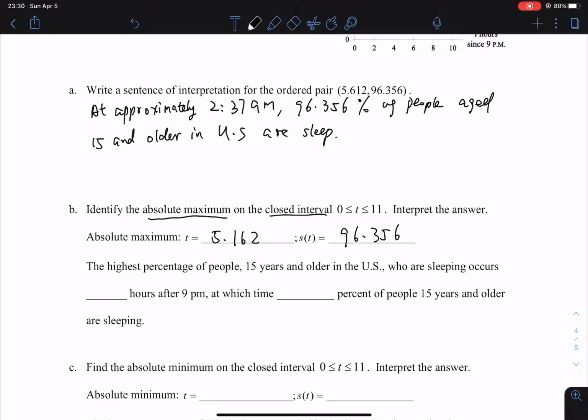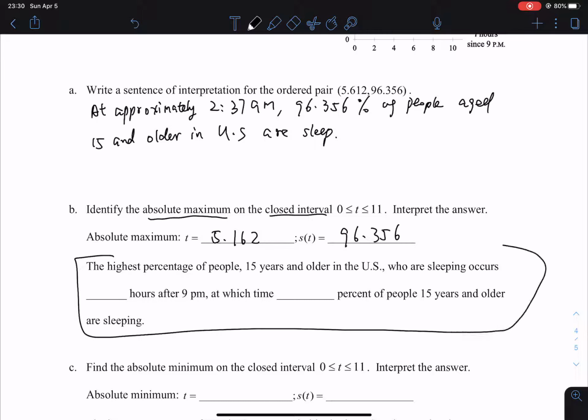And the interpretation: it occurs 5.162 hours after 9 p.m., at which time 96.356% of people 15 years and older are sleeping.